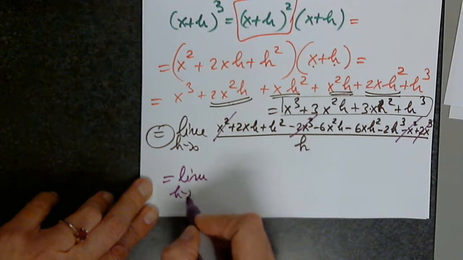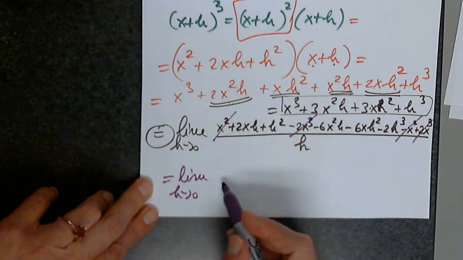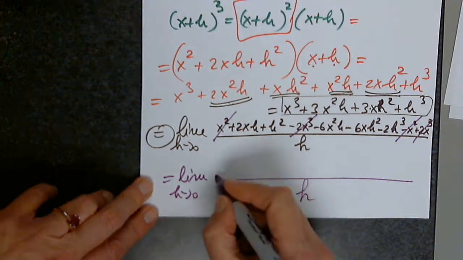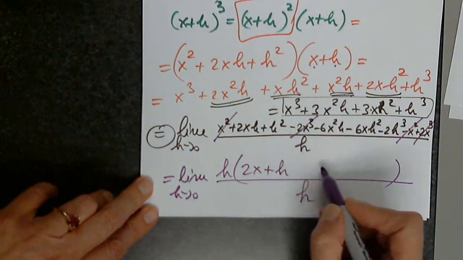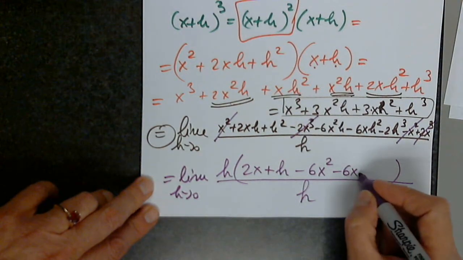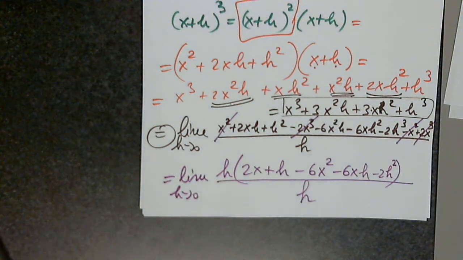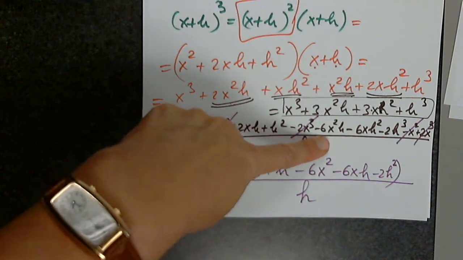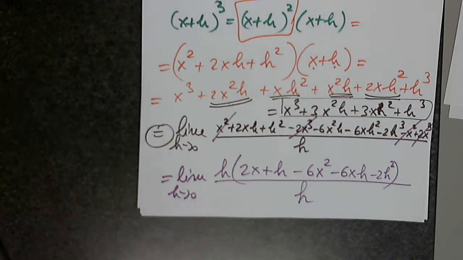So limit as h approaches 0. Obviously, the remaining 5 terms must have what in common? Must. Mandatory. So h times (2x plus h minus 6x squared and minus 6xh and minus 2h squared).